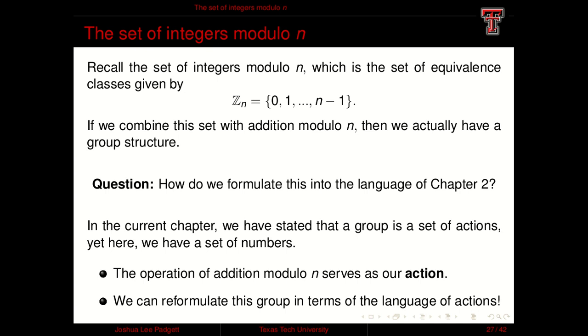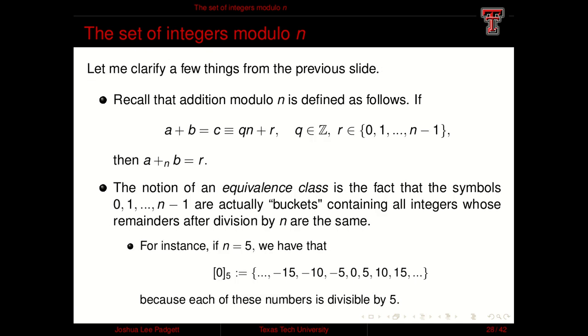So let's reformulate this in the language of actions. But first, let's remind ourselves of how this is defined. Addition modulo n is defined as follows: if I add a and b together and get a number, then using the division algorithm, I can write this number as a quotient times n plus some remainder r, where the quotient is just some integer, but r is in the set 0, 1, ..., n minus 1.